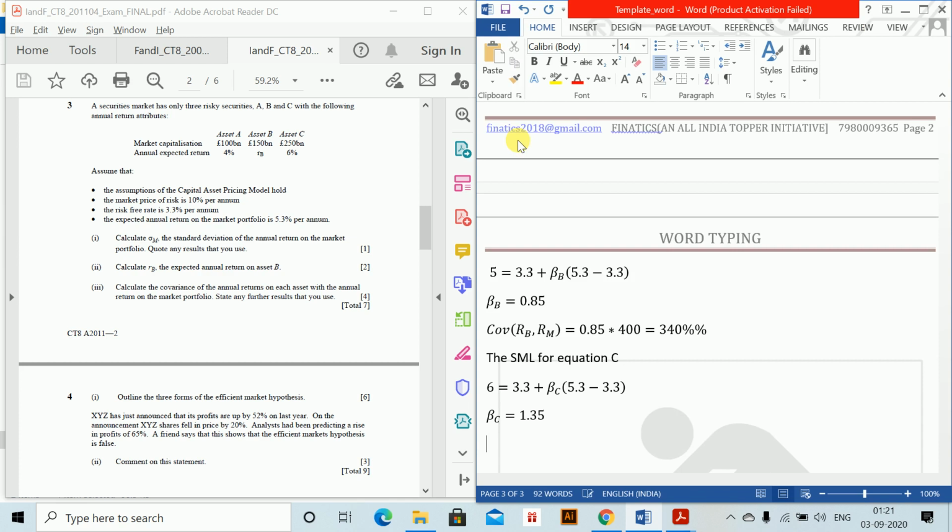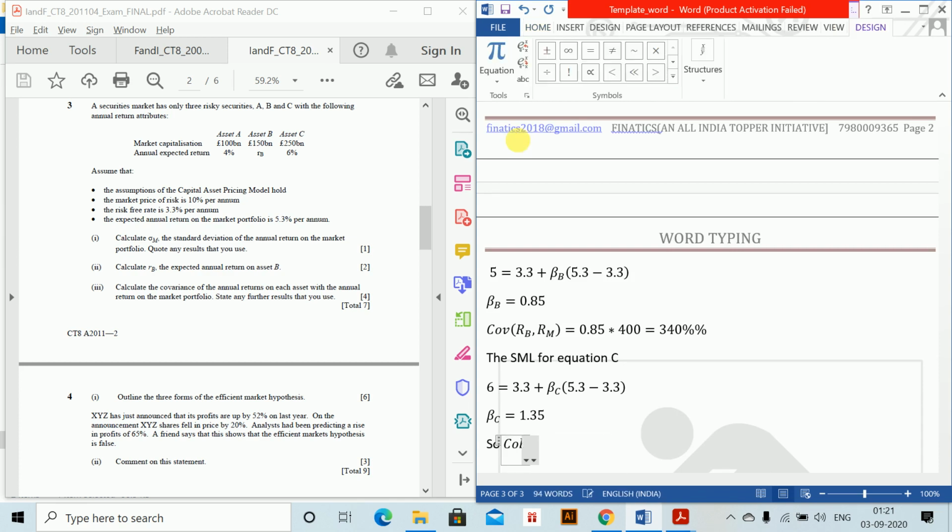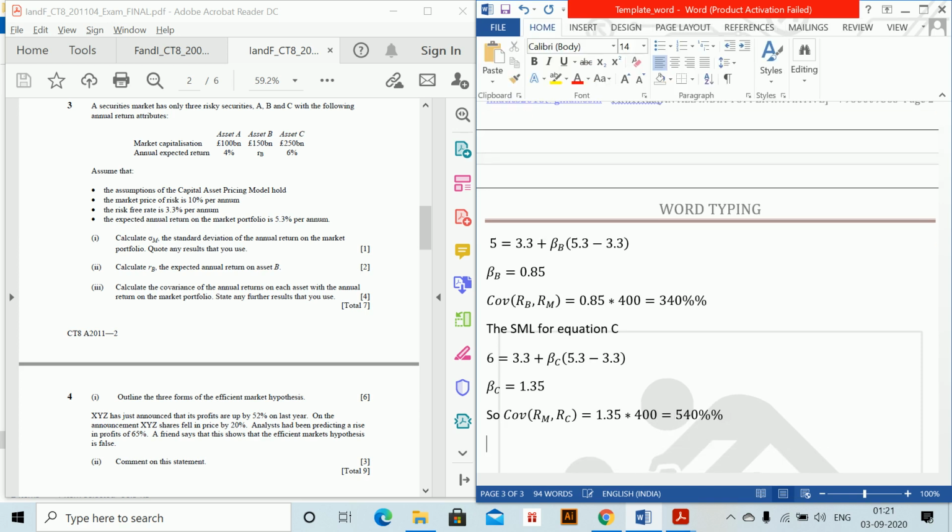Therefore the covariance of r_M and r_C equals 1.35 times 400, which equals 540%. Okay, so this is how you do the CAPM.